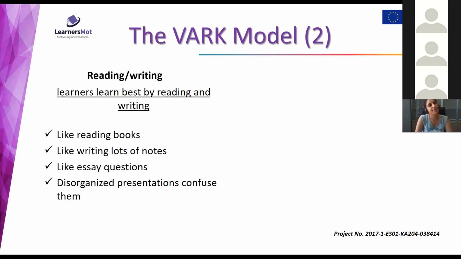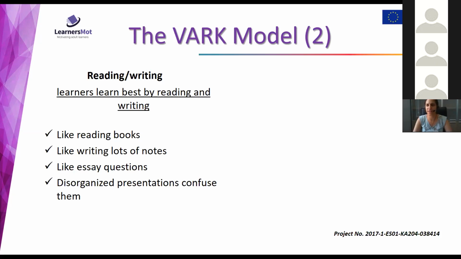Third learning style, reading and writing. These learners are good at the traditional, let's say, classroom-based learning process. They are good at reading and writing. For example, the classical school classroom setting, with the teacher giving them different handouts, and they have to read them and write essays, are like the perfect students.